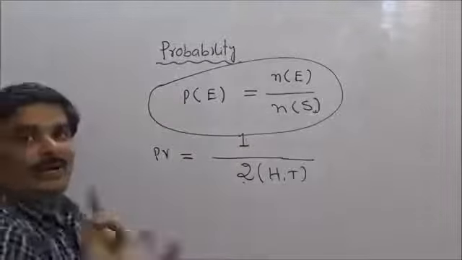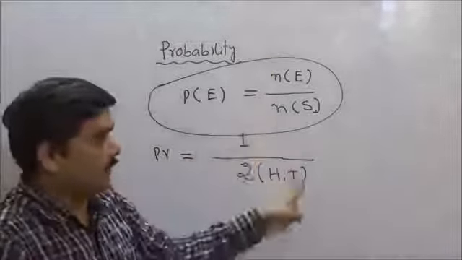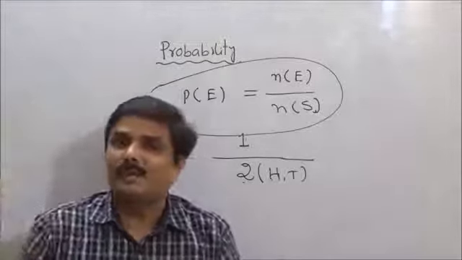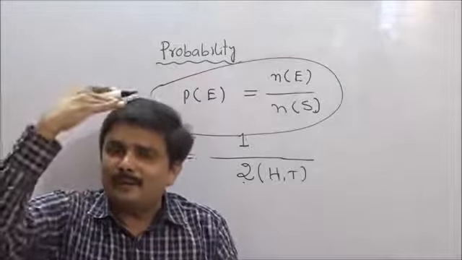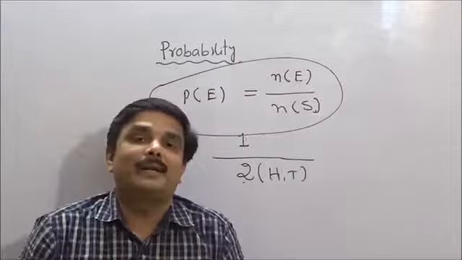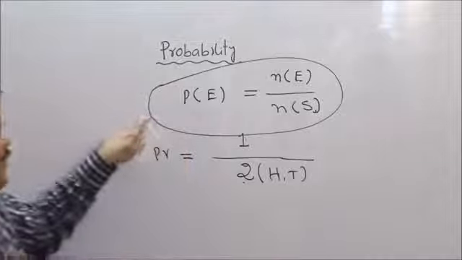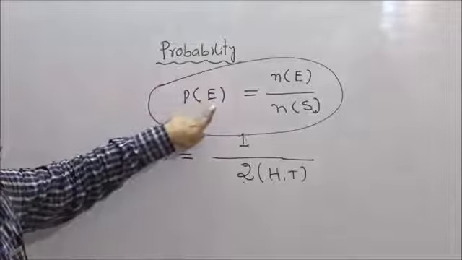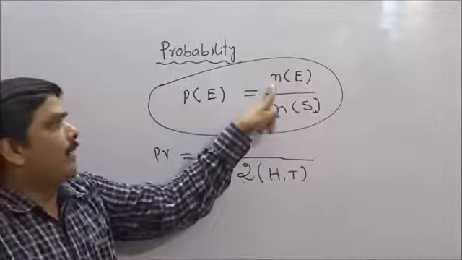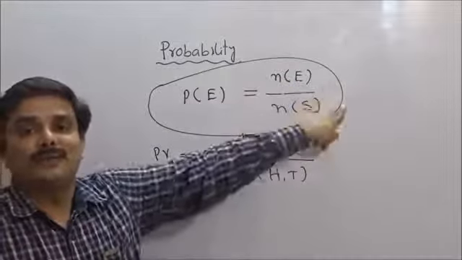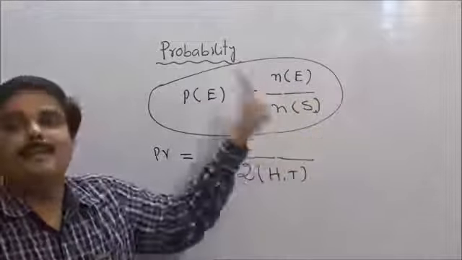Now let us start with this basic example, and one by one we are going to discuss the questions. I'll give you the toughest question in probability. We will go up to that extent. But remember students, this is very important: probability of an event is equal to number of desired events upon total possible ways. That is called sample space.